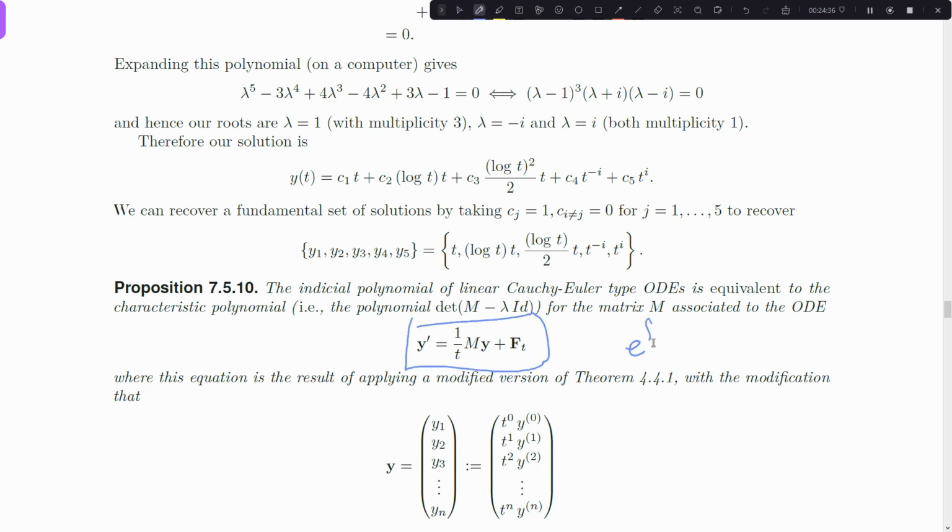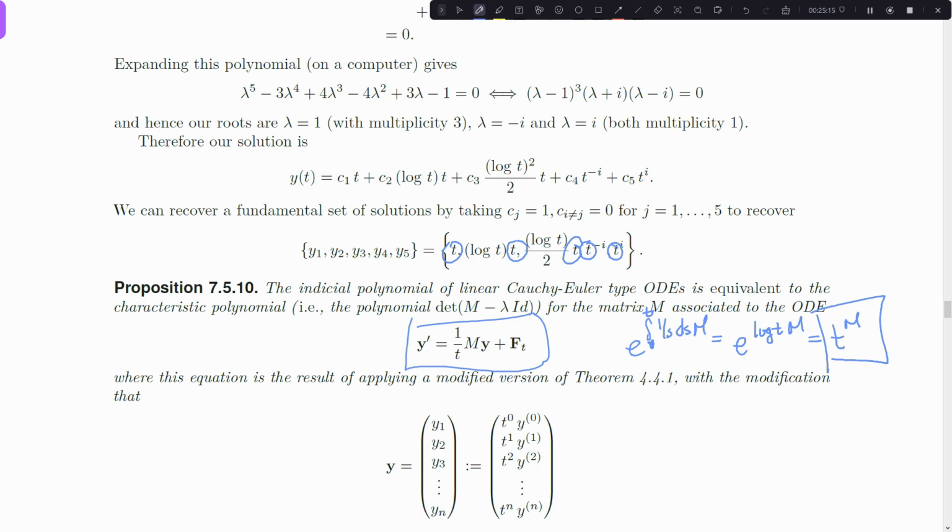Well, it's e to the integral of 1 over s ds times M, which is e to the log t, from 1 to t, e to the log t M, which is t to the M. So it's an exponential matrix, but we're doing it in base t instead of base e. And that's actually where we're recovering these t's instead of exponentials in these Cauchy-Euler problems.